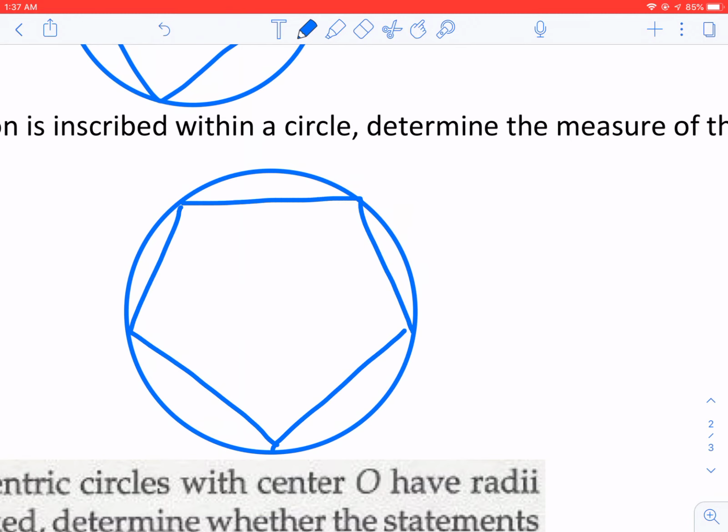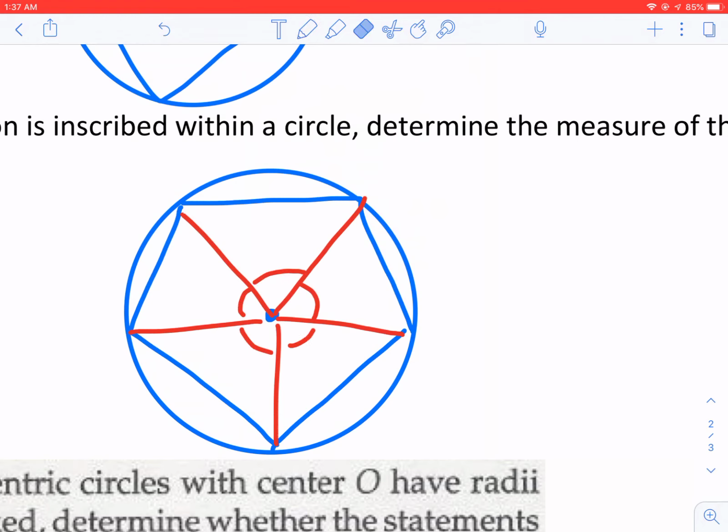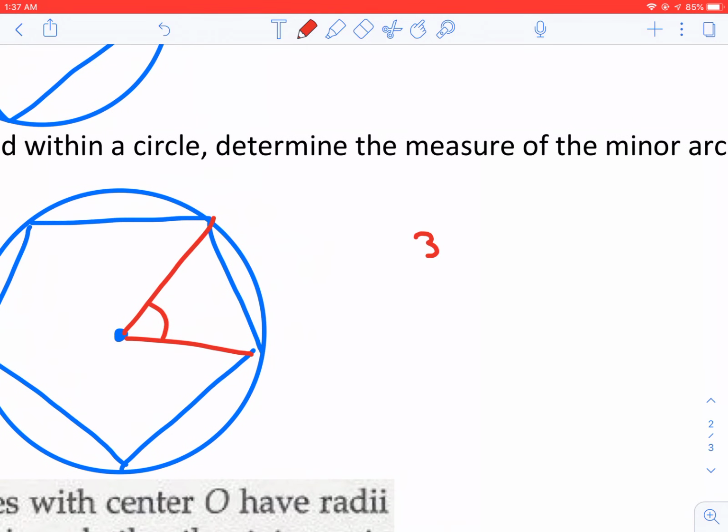You might be thinking sum of interior angles, the n minus 2 times 180 formula, but it's easier than that. Central angle, well, I know that the full angle is 360 degrees. If you draw in all the triangles, we have 5 congruent angles. So I'm just going to do 360 divided by 5.